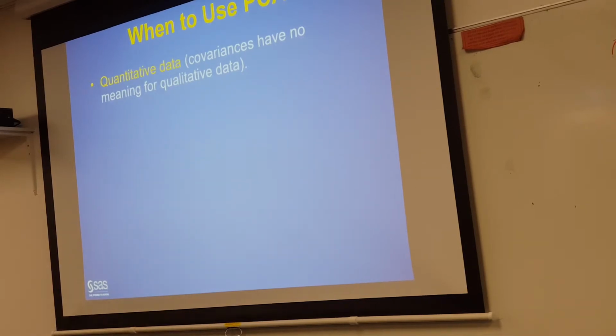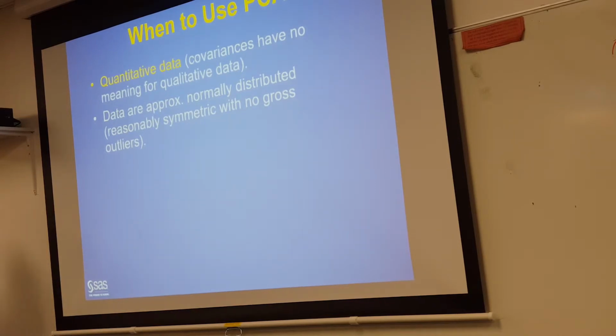Okay, so we use PCA. This was brought up, right, when we have quantitative data. If we have qualitative data, we don't have any idea what covariances mean, particularly, right? We've got group membership. Those vary with respect to a mean. Yeah, it's not obvious. It works well if your data are approximately normally distributed. Right? In particular, it works well if you don't have any outliers.